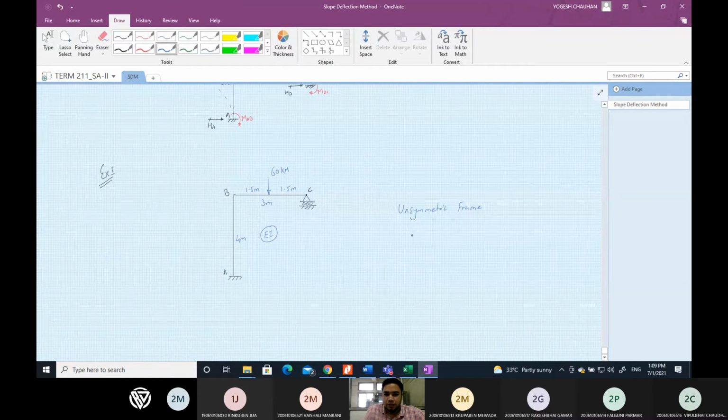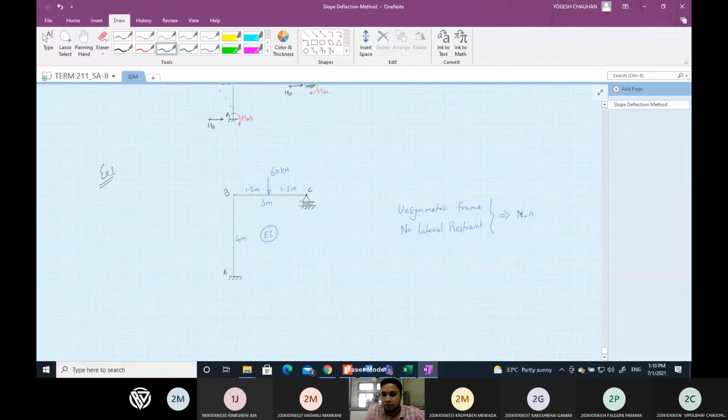Second, the support at C is the roller support, so this will not restrain the frame to undergo sway. So there is no lateral restraint.